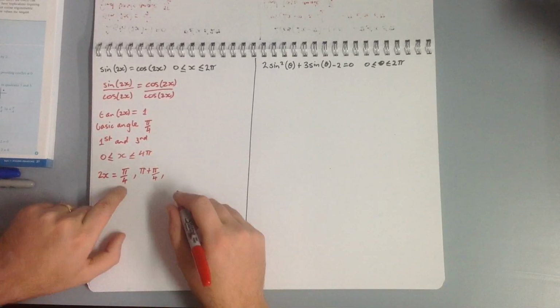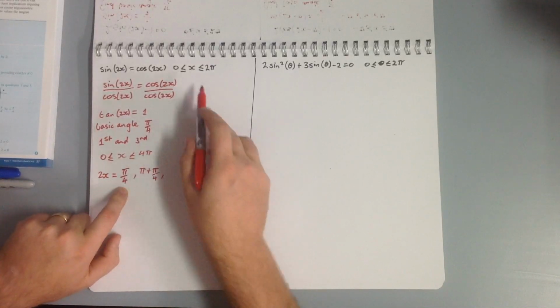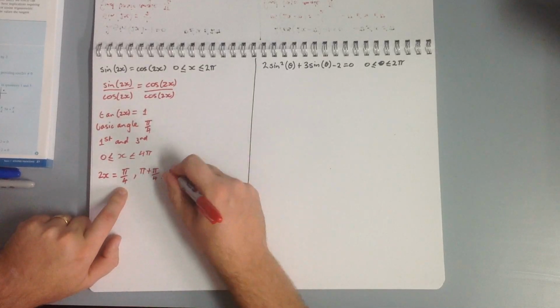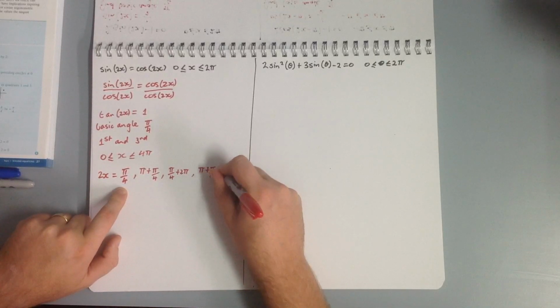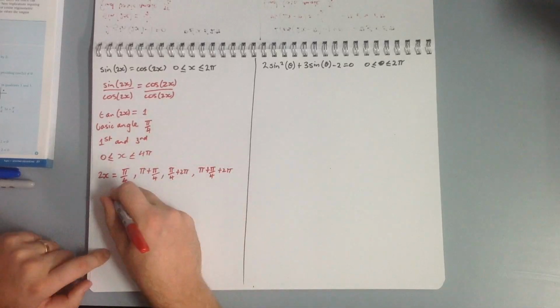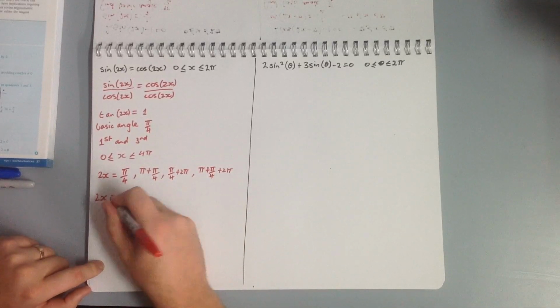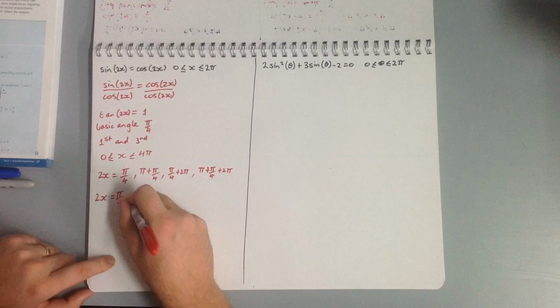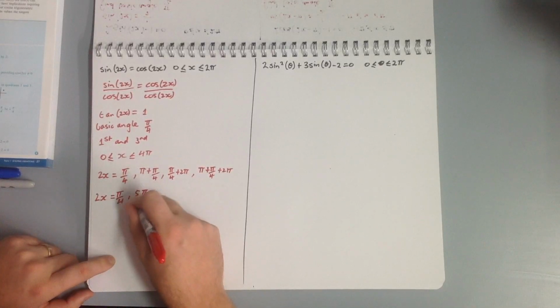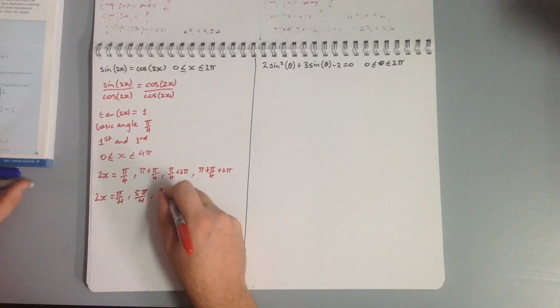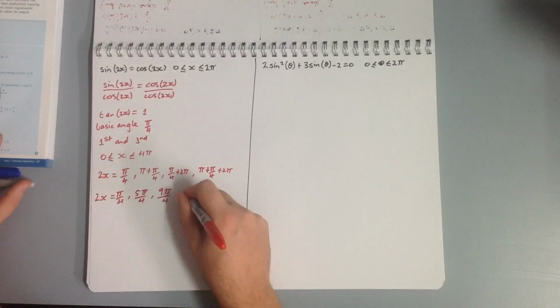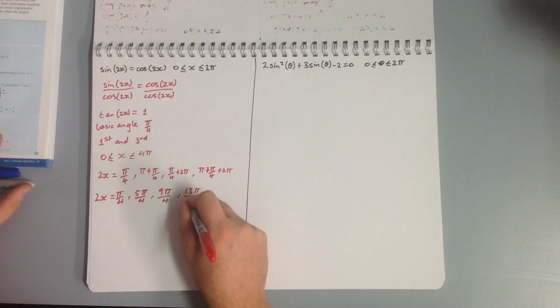We're going to go around again, so we're going to add 2 pi to these to get to our full domain. So you say pi on 4 plus 2 pi, and then pi plus pi on 4 plus 2 pi. So then 2x is equal to pi on 4, 5 pi on 4, 9 pi on 4, and 13 pi on 4.